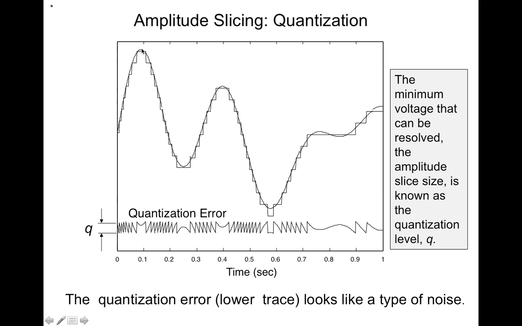So in other words, you're not up here, you're down here. Okay? And so if you were to take the actual signal minus the quantized signal, you would get something that looked like this. And that's referred to as your quantization error. And so the problem is that it ends up looking a little bit like noise, because it's an error between your true signal and your quantized signal.